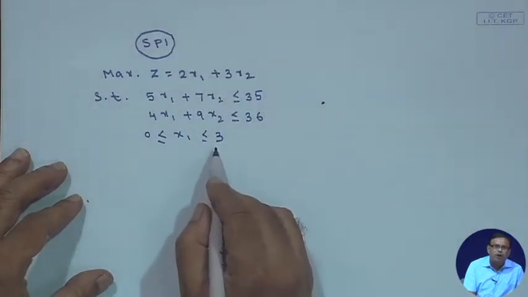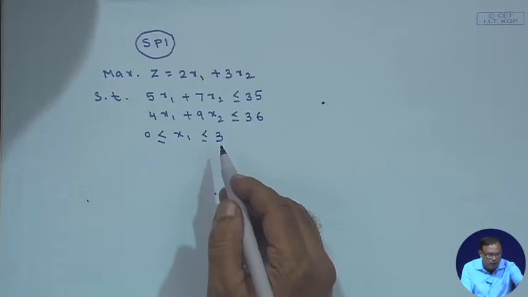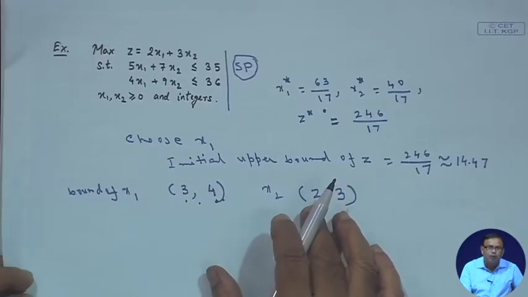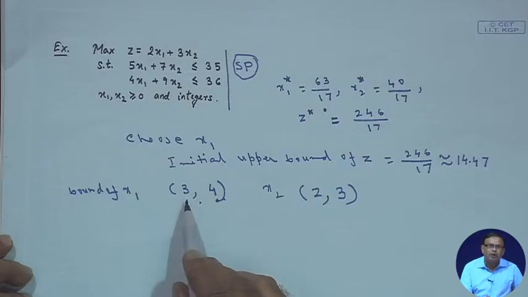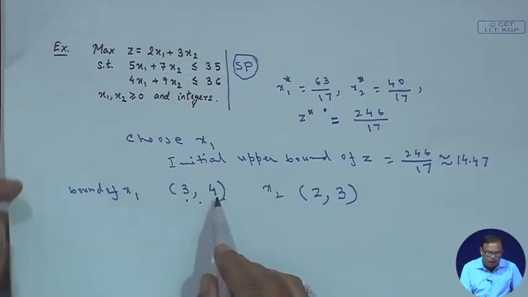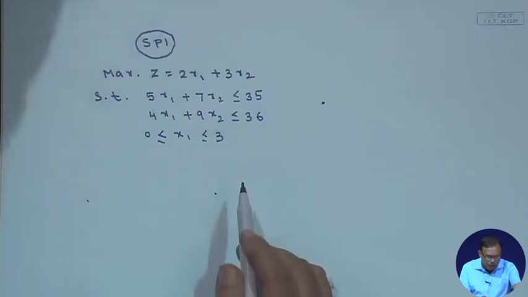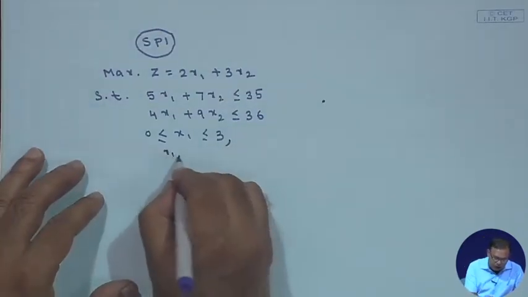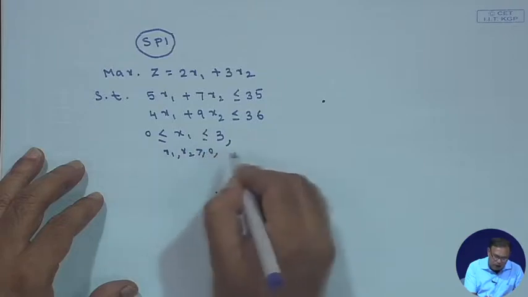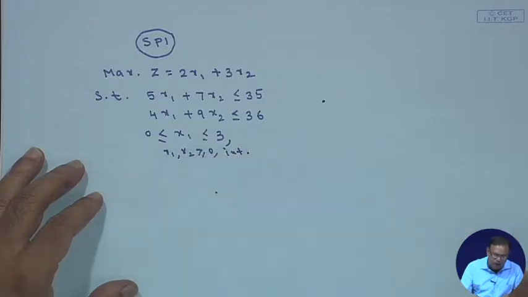This extra condition we are now adding compared to the earlier problem, since the lower bound is 3 and the upper bound is 4 for the variable x1. So x1 lies between 0 and 3, x1 and x2 are greater than or equal to 0, and they are integers.